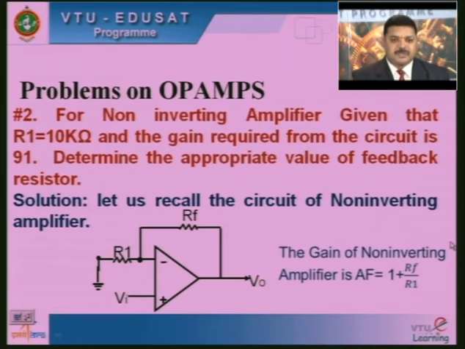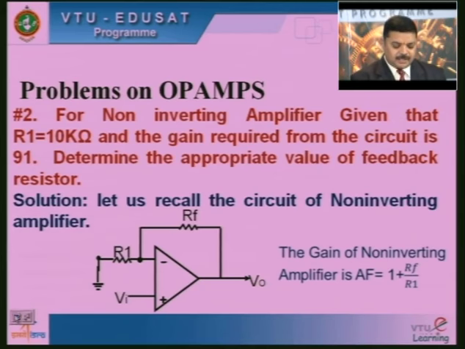Problem number 2 on operational amplifiers. For a non-inverting amplifier, given that R1 is equal to 10 kilo ohms, and the gain required for the circuit is 91, determine the appropriate value of feedback resistor.